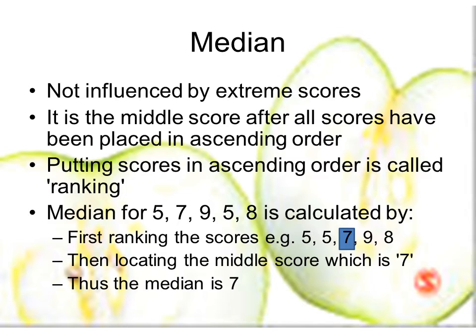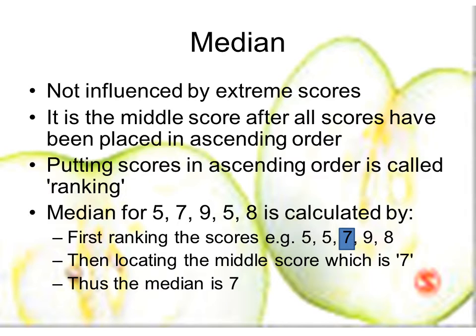So what you want to do is put all your scores in ascending order, and essentially that's called ranking your scores. Once again, if we take the numbers that we looked at for the mean, 5, 7, 9, 5, and 8, the first thing we would want to do is rank them.